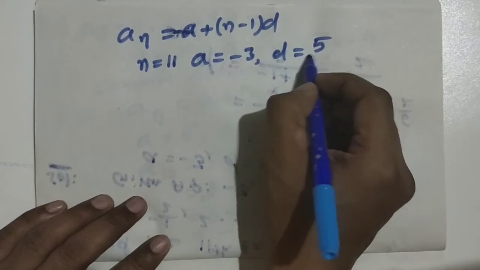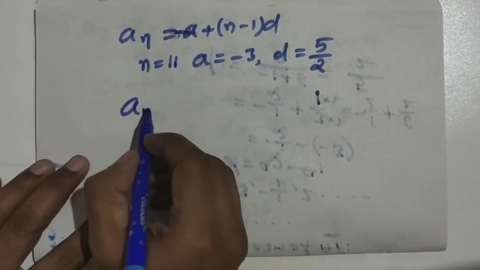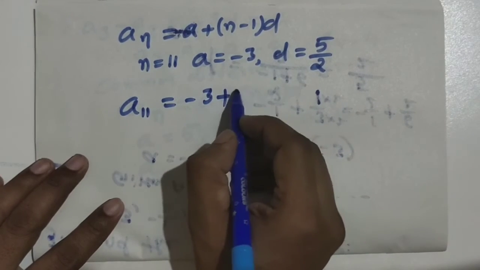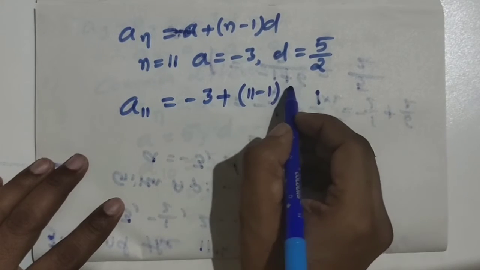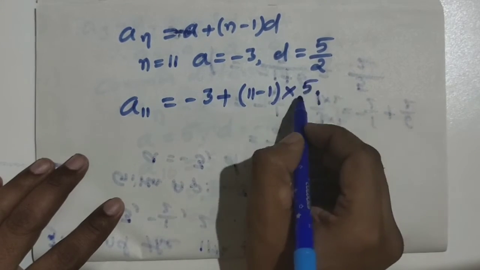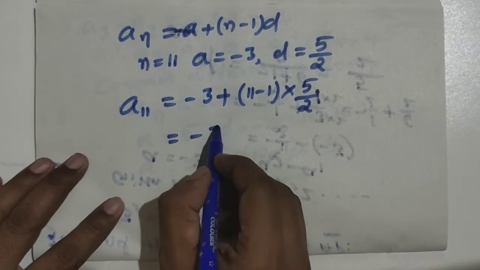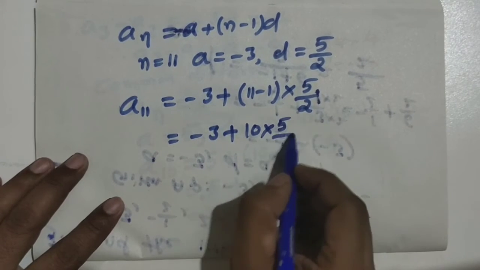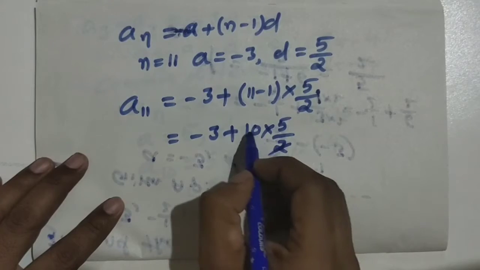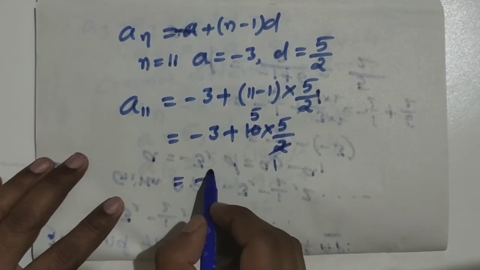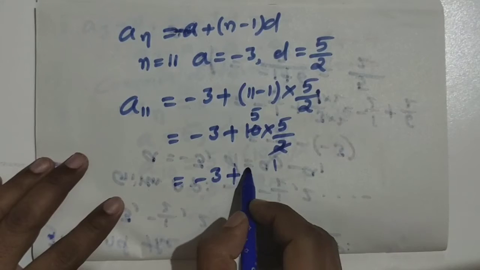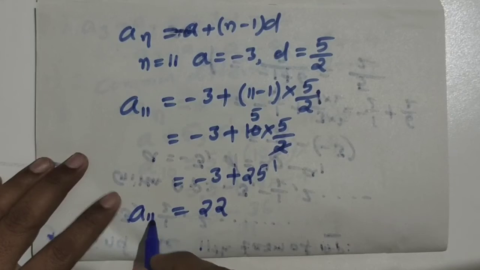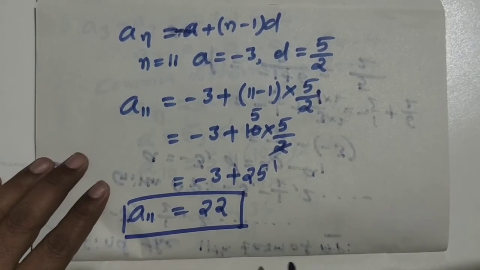Substituting, A11 is equal to minus 3 plus 11 minus 1, that is 10, into 5 by 2. By cancellation, 2 ones are 2, 5 twos are 10, we get minus 3 plus 5 fives are 25, then 25 minus 3 gives 22.